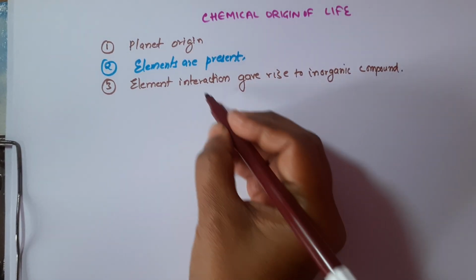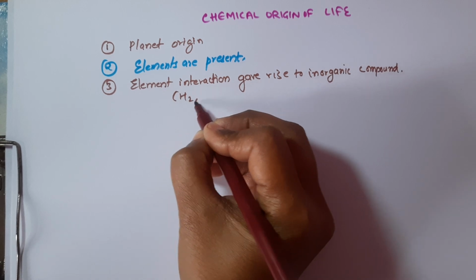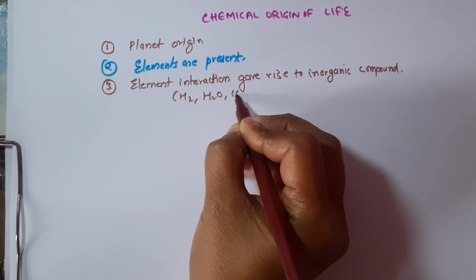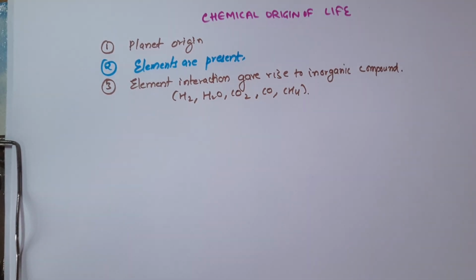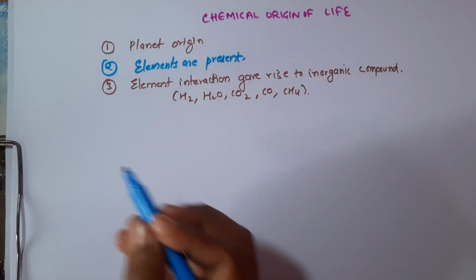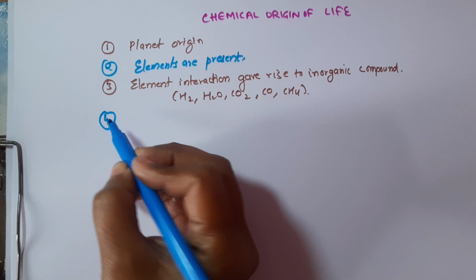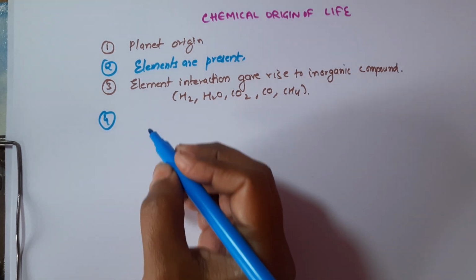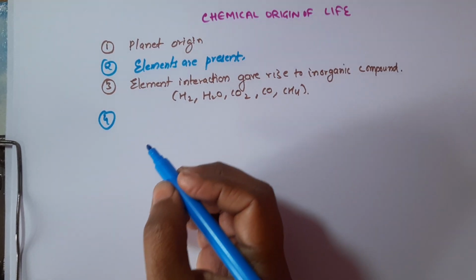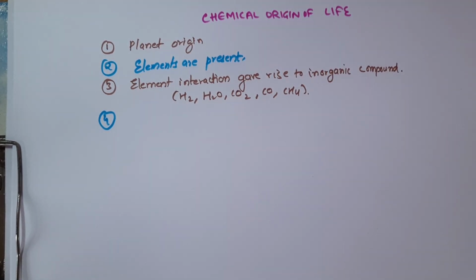What inorganic compounds? For instance, the hydrogen molecule, the water molecule, carbon dioxide, carbon monoxide, methane, etc. are formed. How are they formed? They are formed through the element interaction. Upon the element interaction, when there is energy provided by light or UV light or lightning, the simple organic molecules were generated.